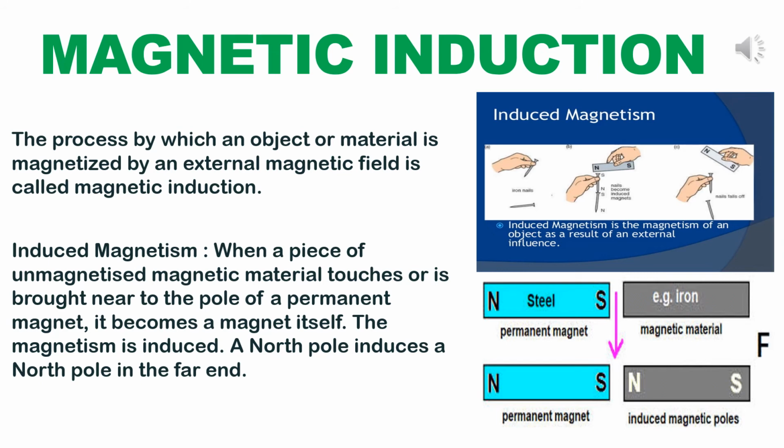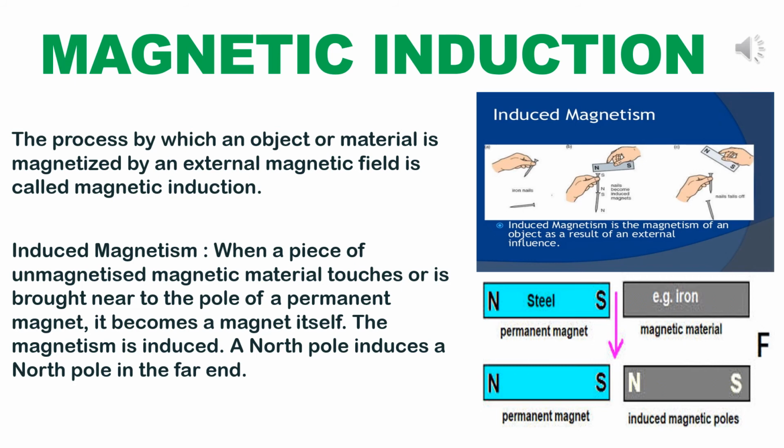Now, when a piece of unmagnetized magnetic material touches or is brought near to the pole of a permanent magnet, it becomes a magnet itself. The magnetism is induced. A north pole induces a north pole in the far end. That only I have told you. Okay.